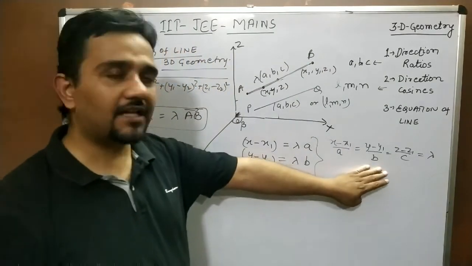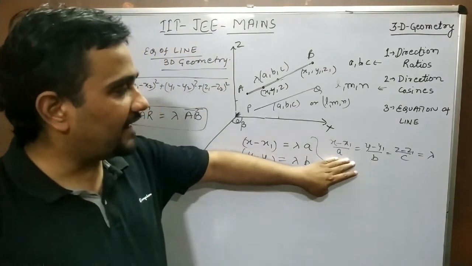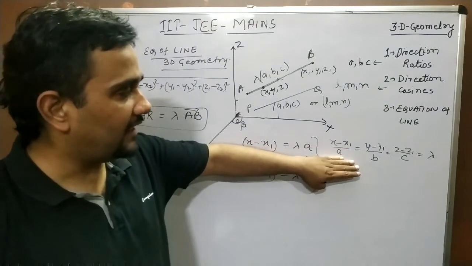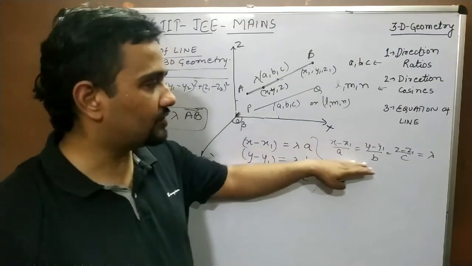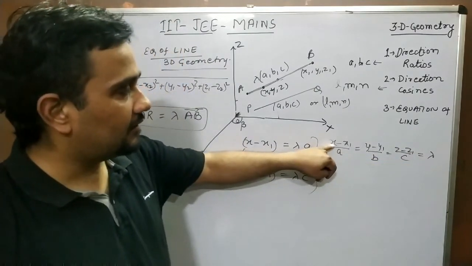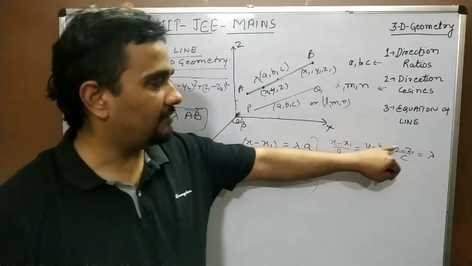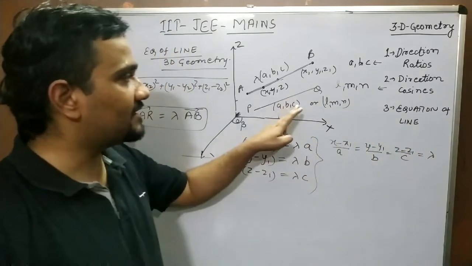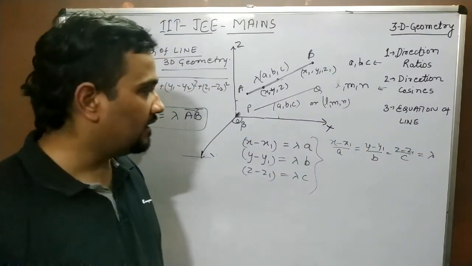So this is another type of equation, where this line is parallel to the line whose direction ratios are A, B, C and passes through the point x1, y1, z1. Okay, so this is another type of equation of a line.